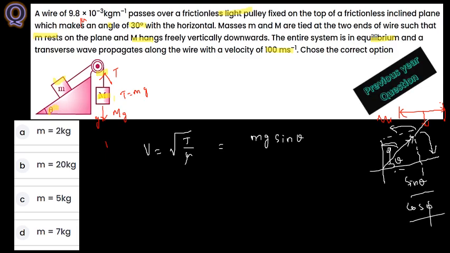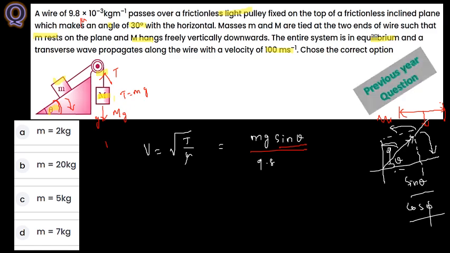Anyway you can use it here, because the angle is mentioned here. That angle in this direction we can mention as sin theta, and the whole divided by mu, the linear density already given, 9.8 into 10 power minus 3, this whole root.